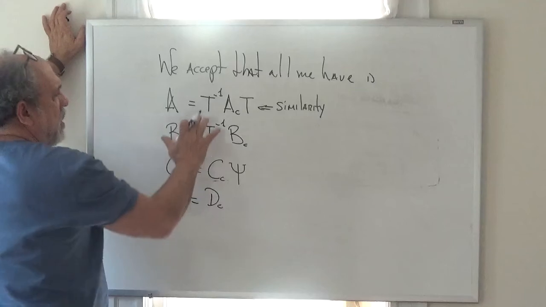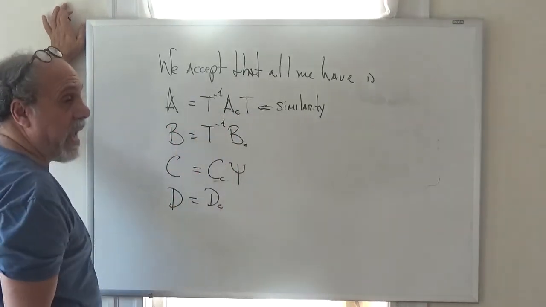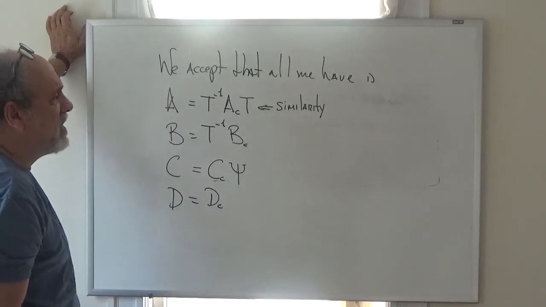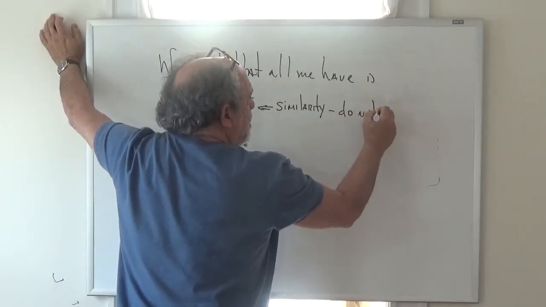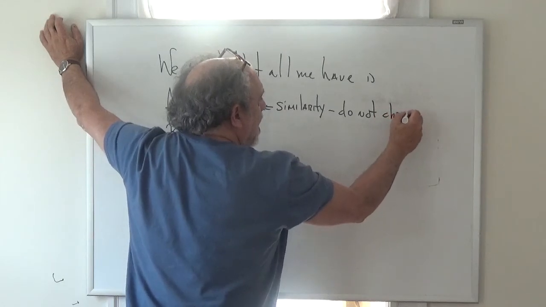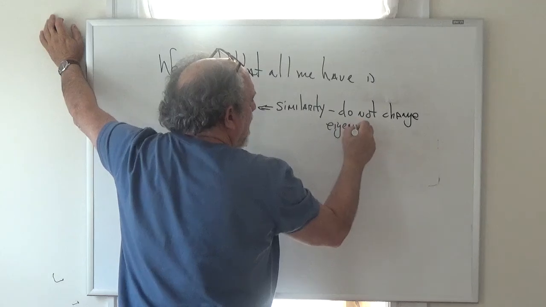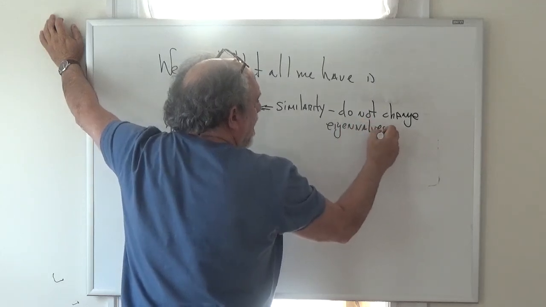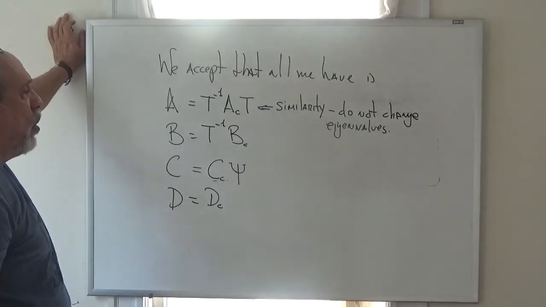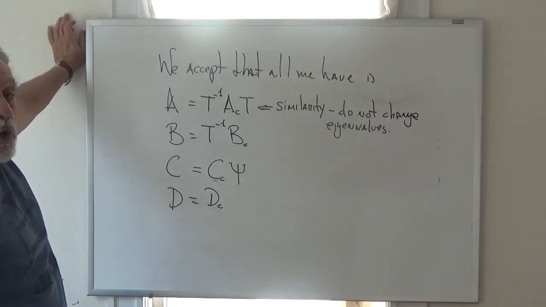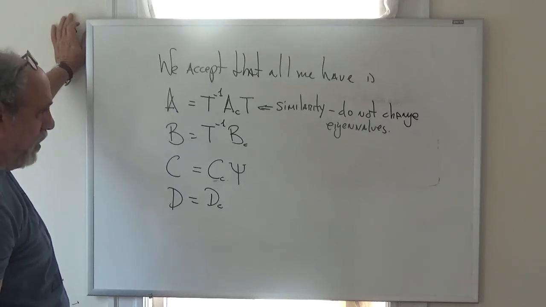And therefore, no matter what the T is, what we get is a similarity on the A. And we know that similarities do not change eigenvalues. Therefore, we can calculate the eigenvalues of whatever A we got, and we're all going to get the same thing, even if we had different A's. Okay?